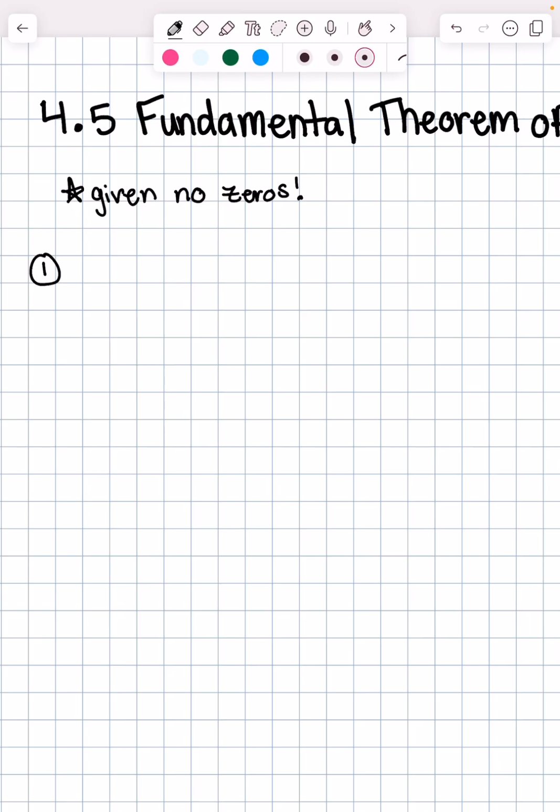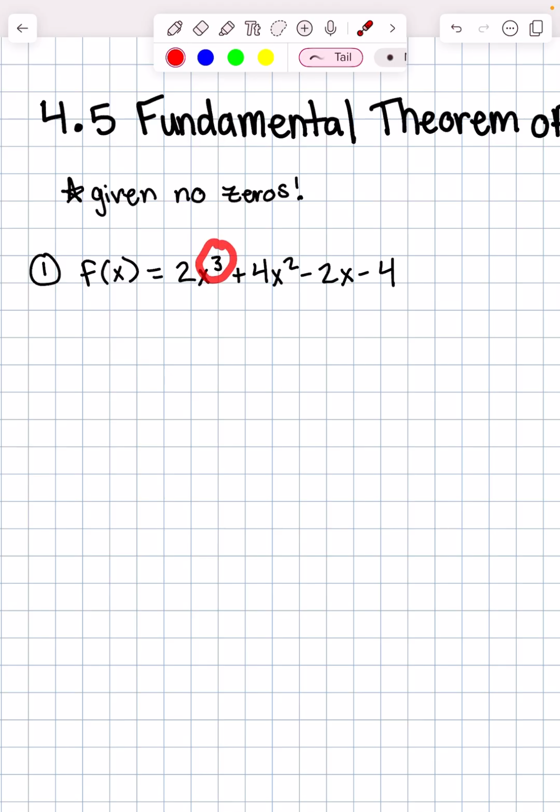So first example here, let's do f of x is equal to 2x cubed plus 4x squared minus 2x minus 4. And I want to know what x can be equal to. Well, number one, we need to notice that this polynomial is degree 3, which means I will have 3 solutions for x.